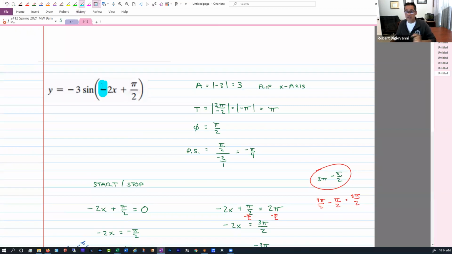This is always dangerous because negatives in front of x's do a reflection over the y-axis. Negatives in front, right there, do reflections over the x-axis, but negatives in front of x do a reflection over the y.